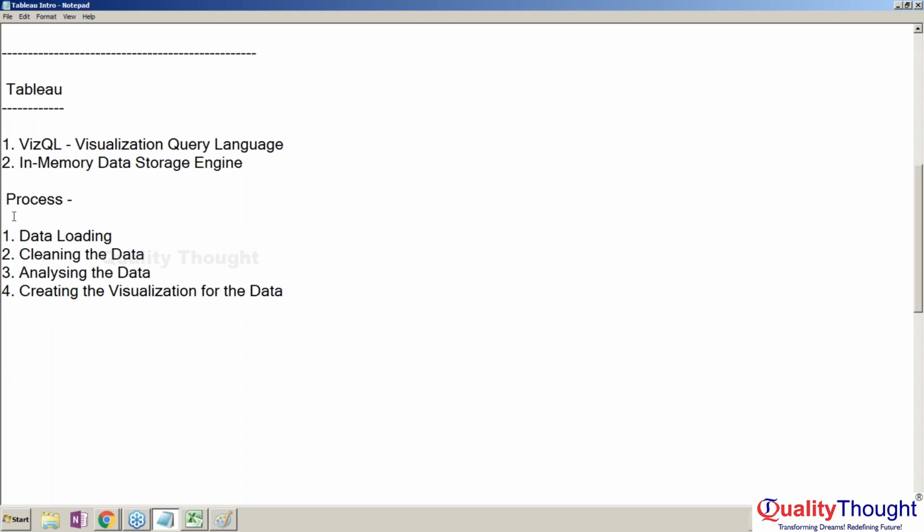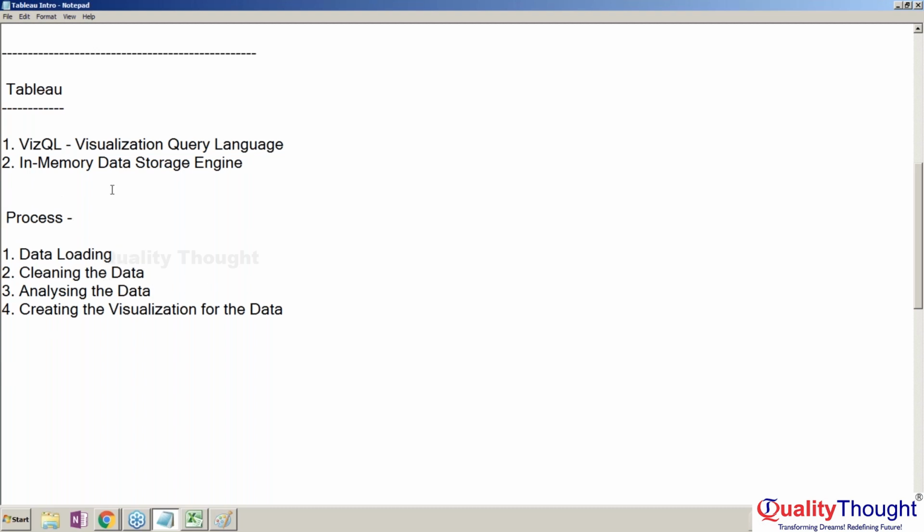Understand, guys? The four parts in processing data within Tableau are data loading, cleaning the data, analyzing the data, and creating the visualization for the data.